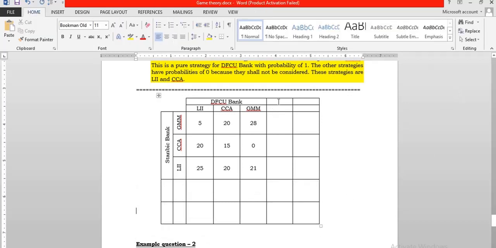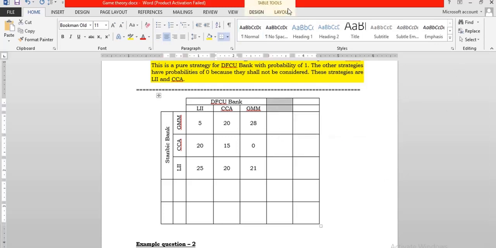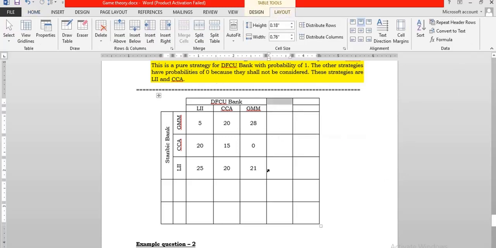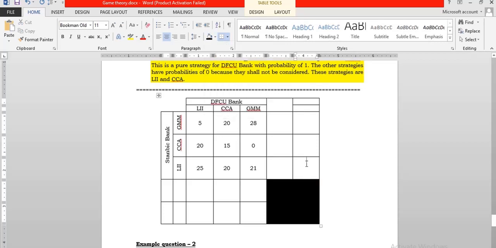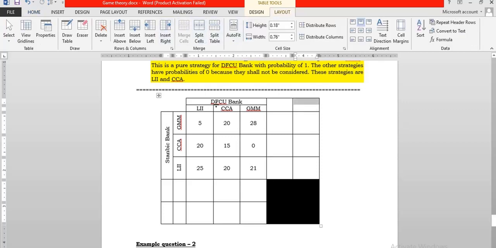Now this is what we call row minimum. Then here we shall have the other value, the maximin value.